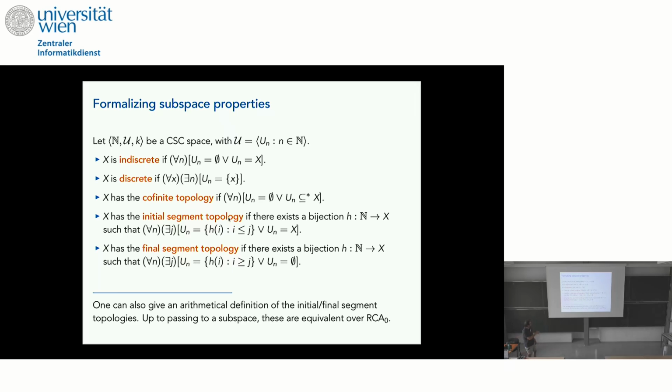Similarly for the final segment topology, we always have this witnessing homeomorphism. That's a worrisome definition when you first see it, because we're doing reverse mathematics, and we want to be parsimonious in our definitions.